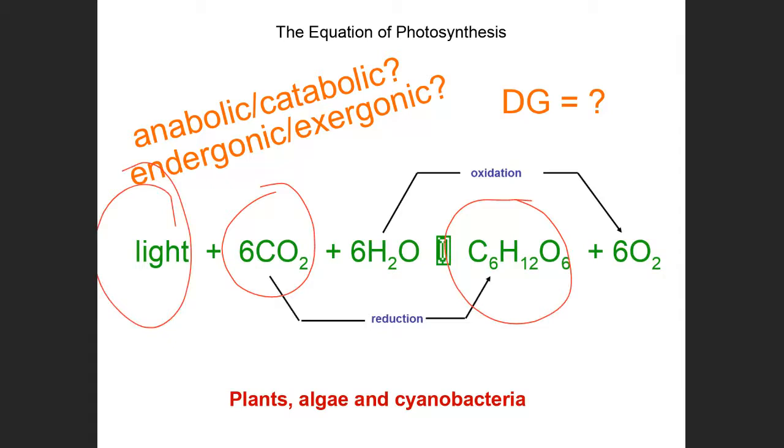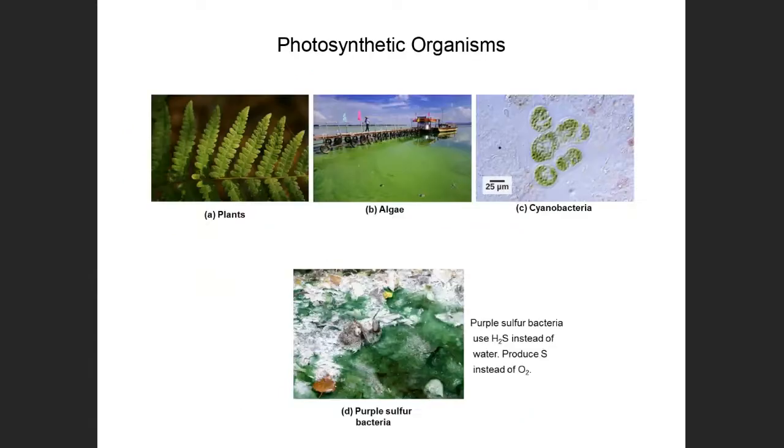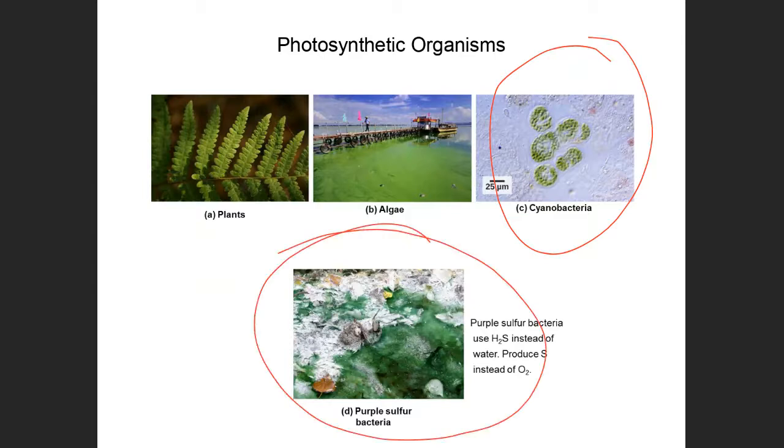Therefore, the delta G, remember the free energy, is positive. Who does this? Any organism that has photosynthesis: plants, algae, some cyanobacteria, and some purple sulfur bacteria.